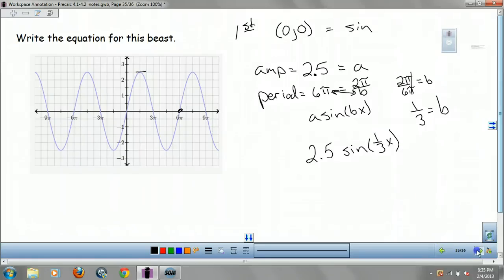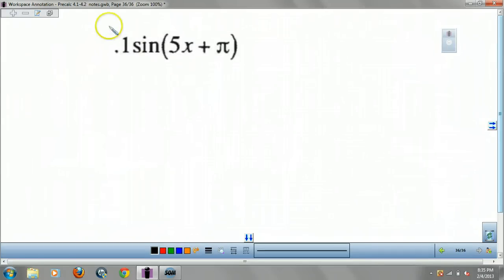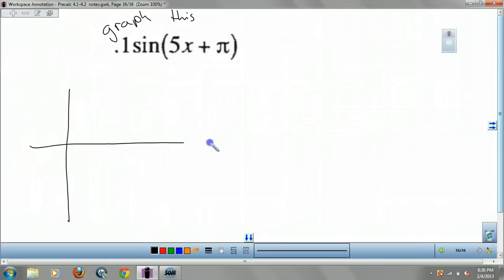Last one. Well, let's do a graph of this one. Okay, this one's actually tough. We start with our graph paper, right? And this one I can't start off by drawing sine right away.